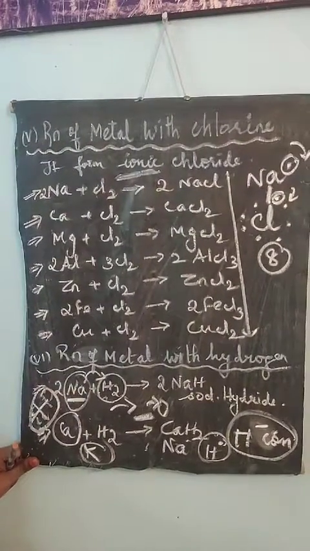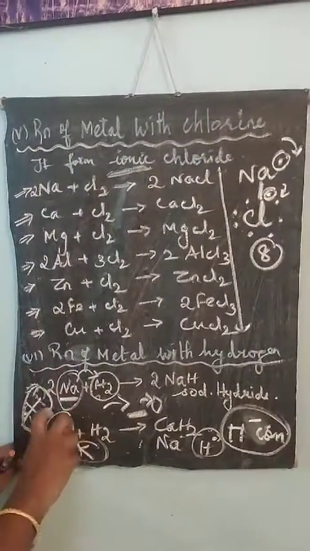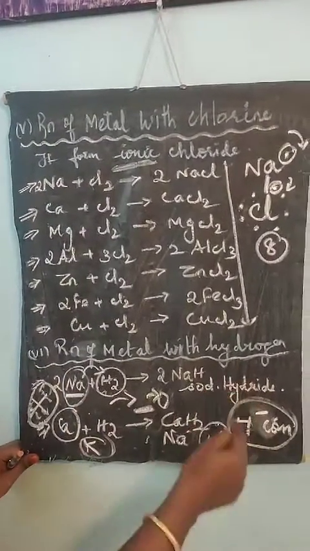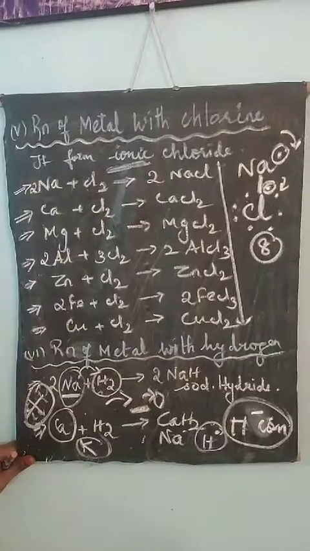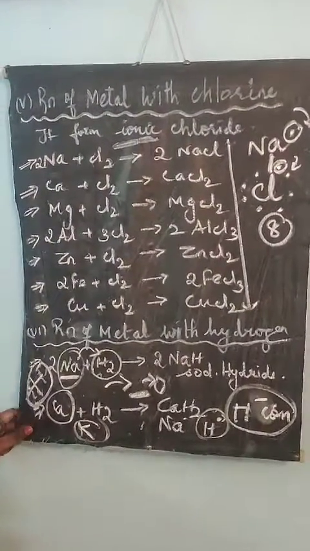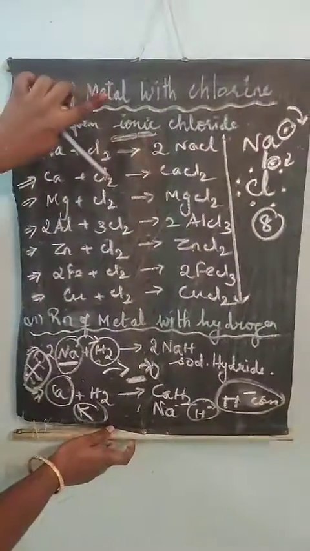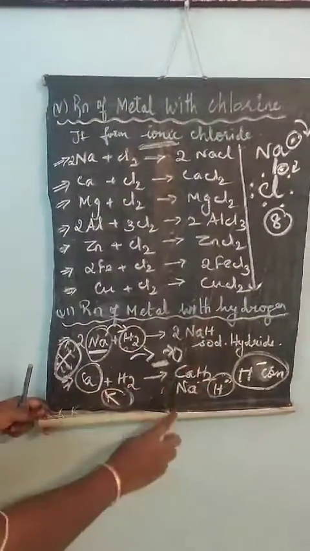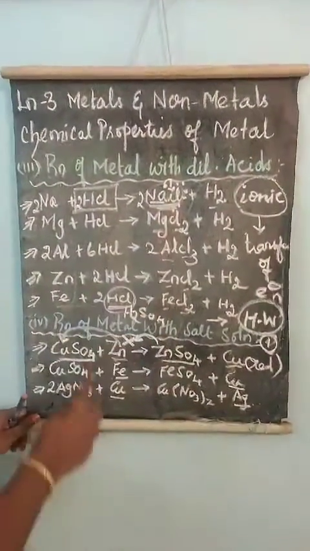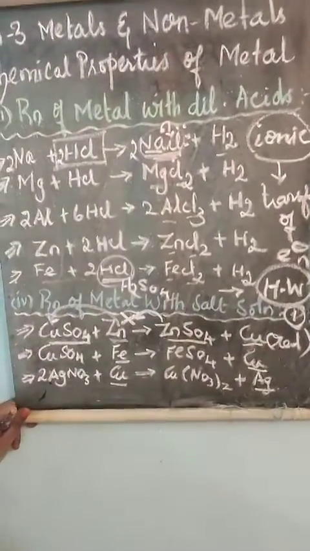This metal forces the hydrogen to get one electron and make itself as H minus ion. So this is about today's class, that is reaction of metal with chlorine, reaction of metal with hydrogen, and reaction of metal with dilute acid, reaction of metal with salt solution.